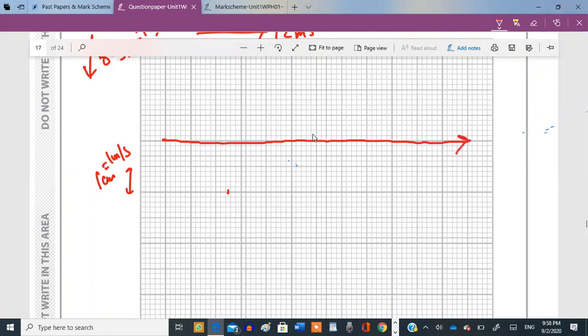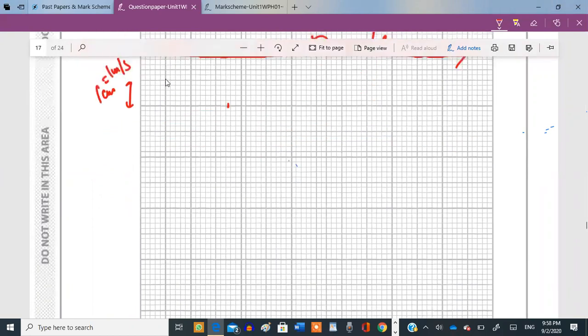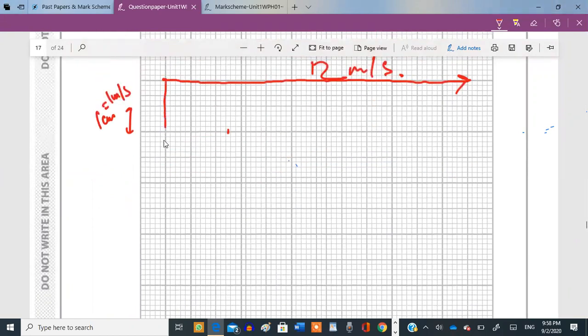This is your first vector of 12 meters per second. Of course, you're going to use a ruler, and then you come down 8.5 centimeters, 1, 2, 3, 4, 5, 6, 7, 8, and 8.5 somewhere over here. This is 8.5 meters per second.